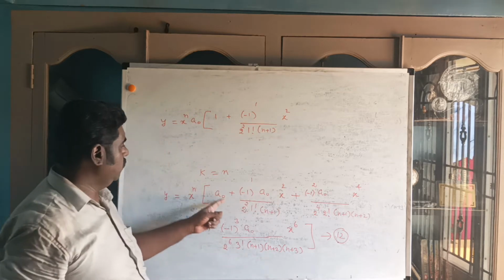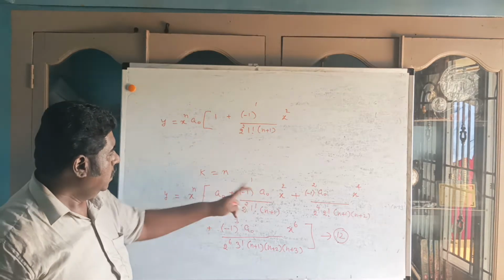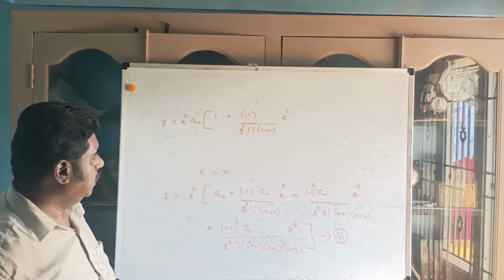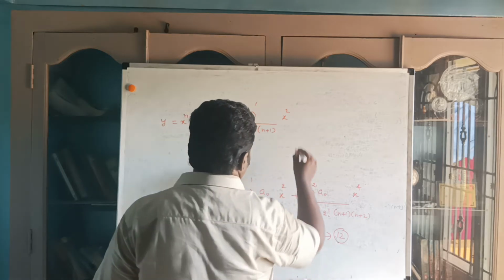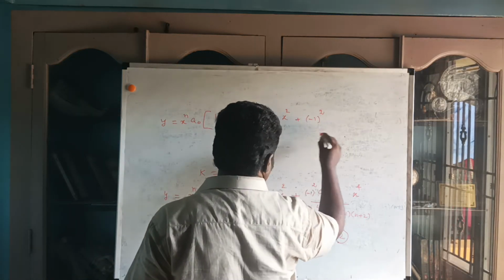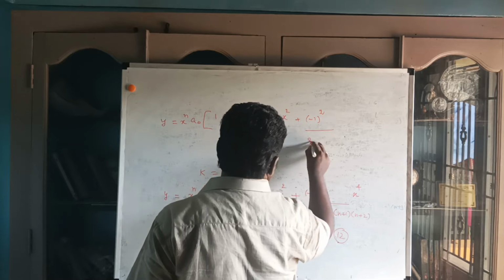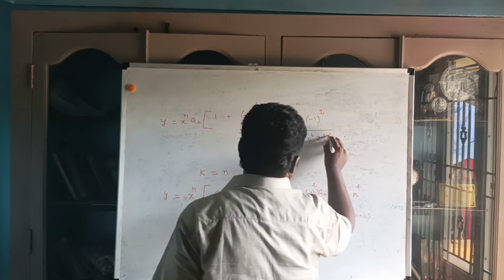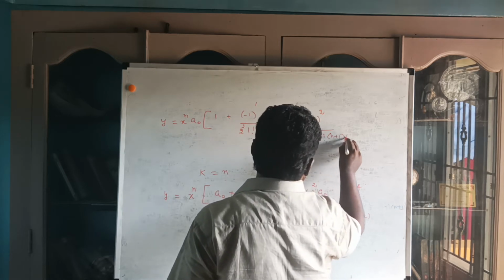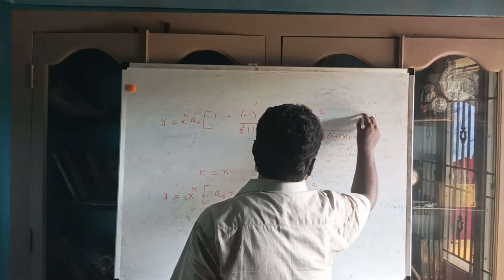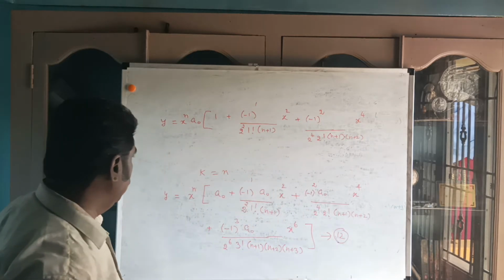I have taken a0 outside, and the rest of the terms are present as such. Here, plus minus 1 square divided by 2 power 4, 2 factorial, n plus 1 into n plus 2, x power 4.